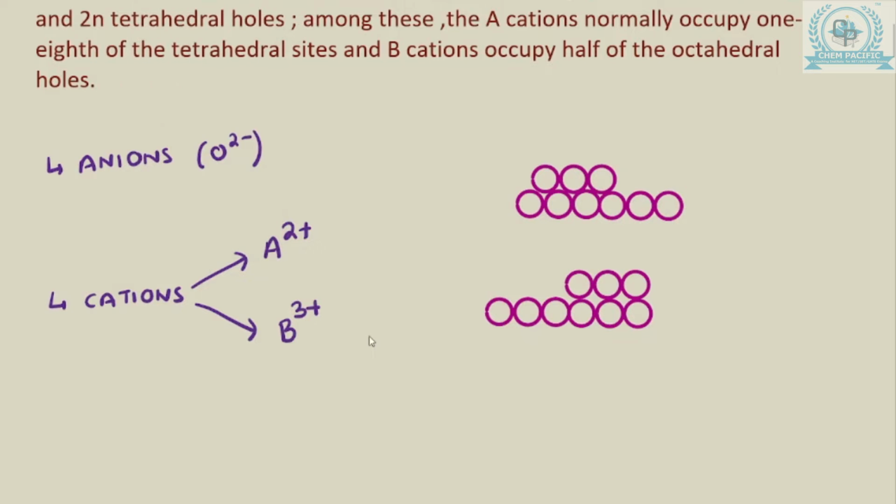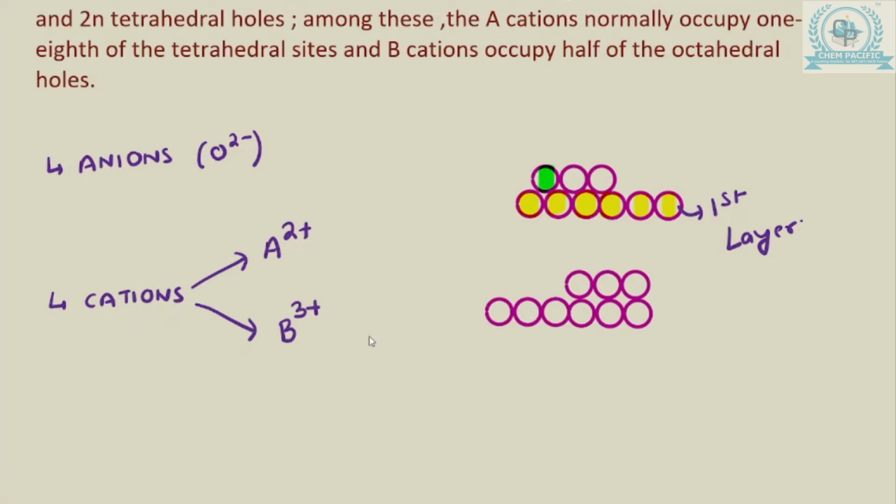For example, thinking 3-dimensionally, suppose this is the first layer of the anions. These are the bigger ions. Okay, so this is your first layer. And on top of this, this is going to be your second layer.